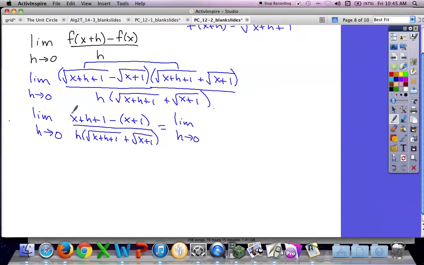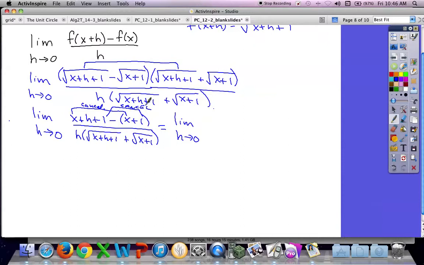Okay, how does the numerator simplify? We've got this x minus x cancel. Right, and the 1 minus 1 cancel. So all that's left is the h. And that's always what happens with difference quotients.